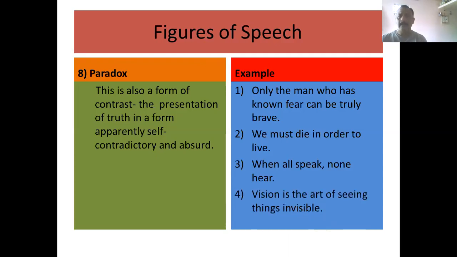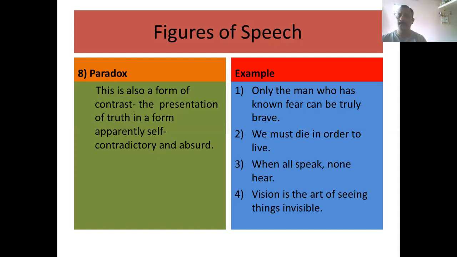Then the next example, vision is the art of seeing things invisible. Vision, that is the ability of seeing, and invisible means, how is it possible? But vision is the art of seeing things invisible, meaning indirectly, when we are talking about a poet, we think that whatever the common people are not able to see, the poet is able to see beyond that.